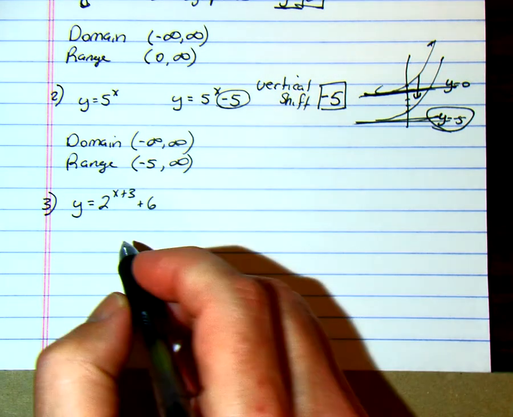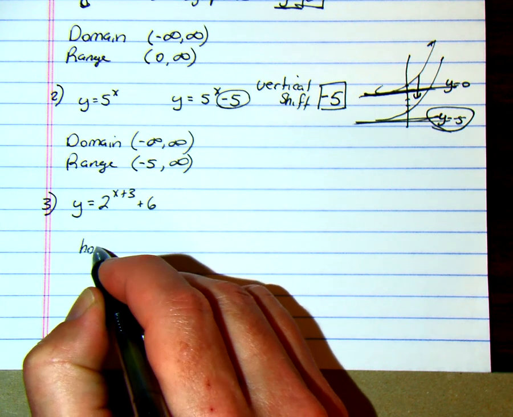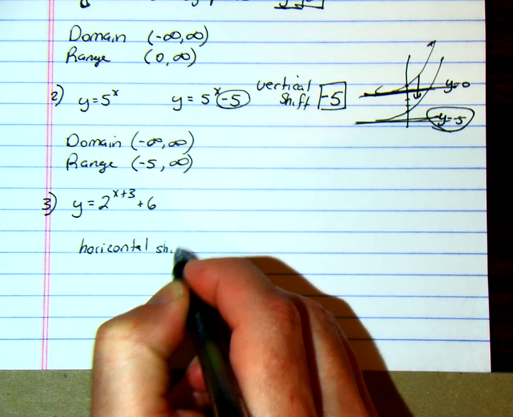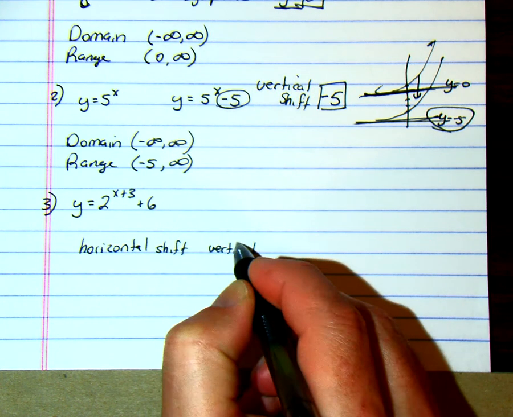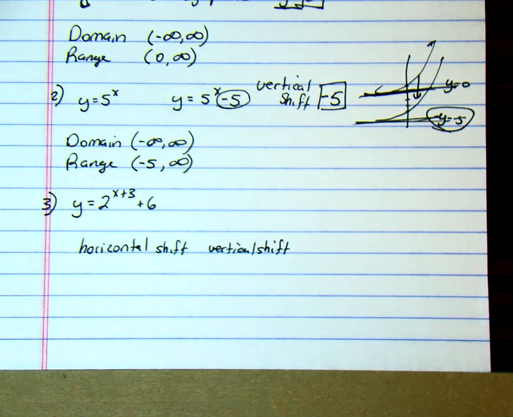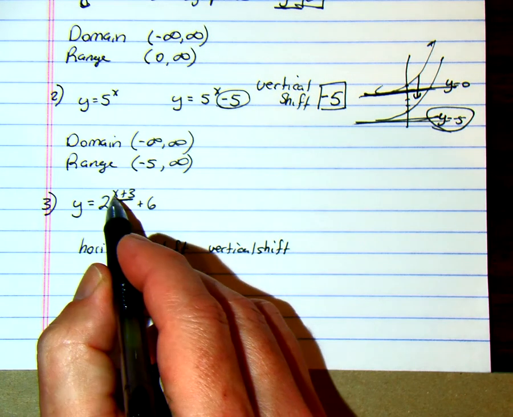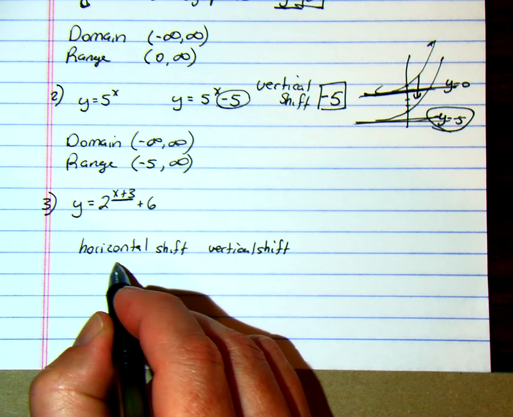When we're clicking on that function and filling in the box, this one's going to have a horizontal shift and a vertical shift. The horizontal shift comes from this right here. The +3 causes that to go to 0 when x is -3, so this is going to go 3 left.